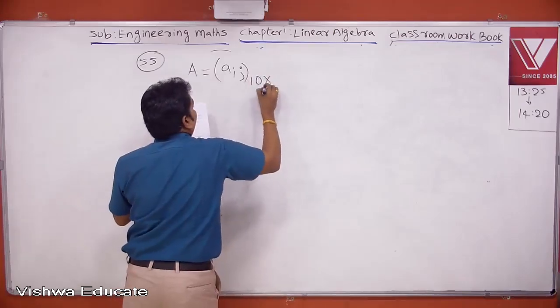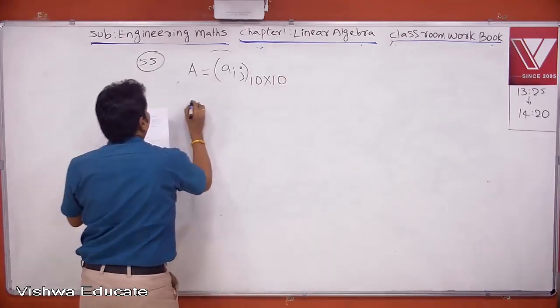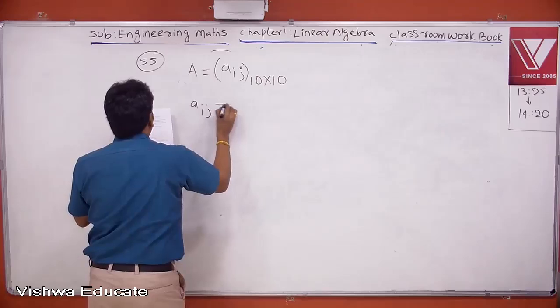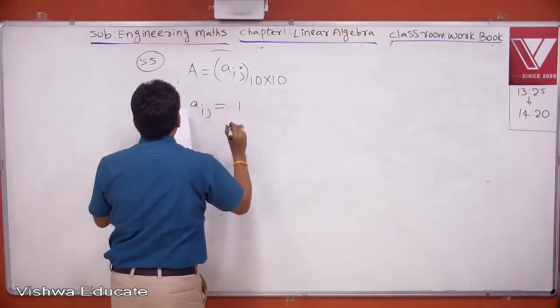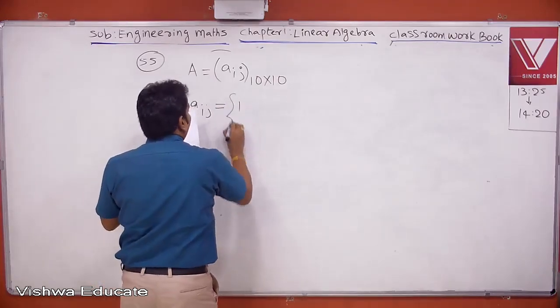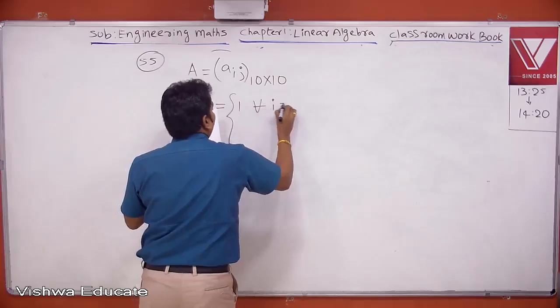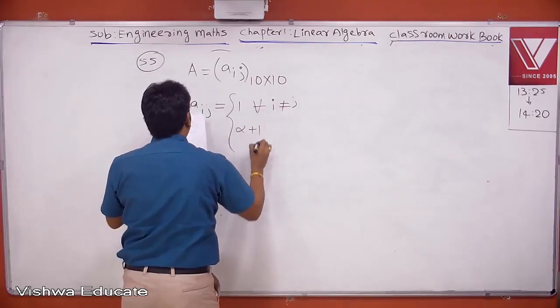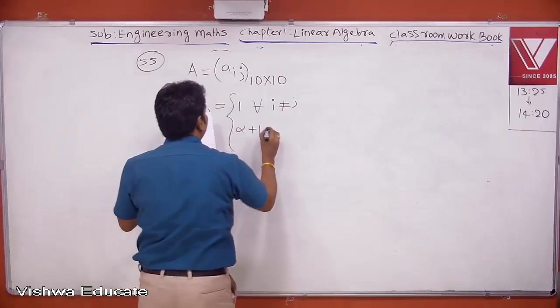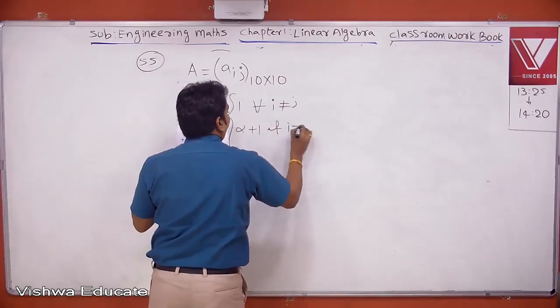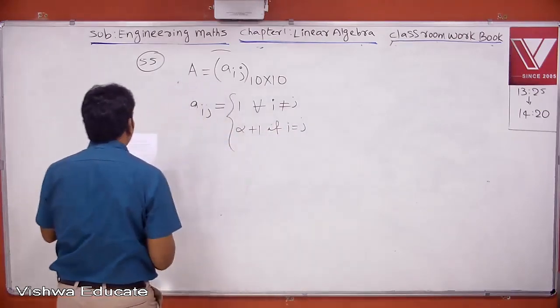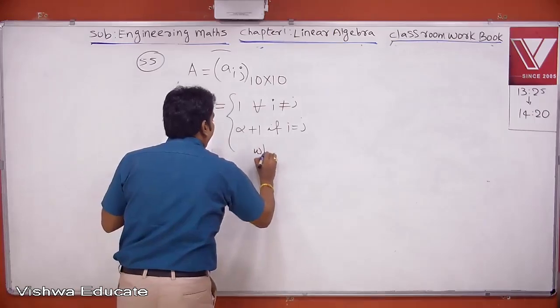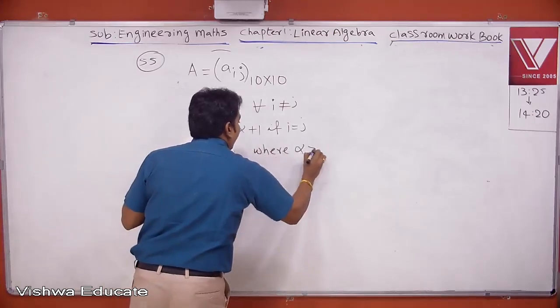It is a 10 cross 10 matrix such that Aij equal to 1 for all i not equal to j, alpha plus 1 if i equal to j, where alpha is greater than 0.